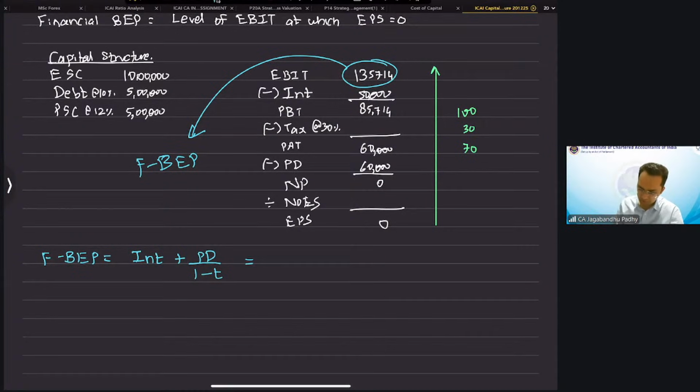So this is essentially interest, which is 50,000, plus preference dividend of 60,000 divided by 1 minus 0.3.